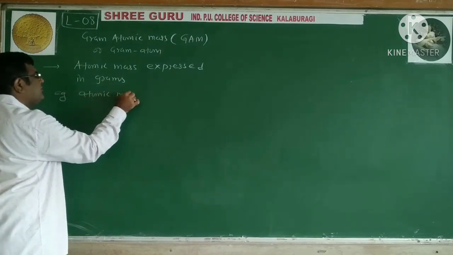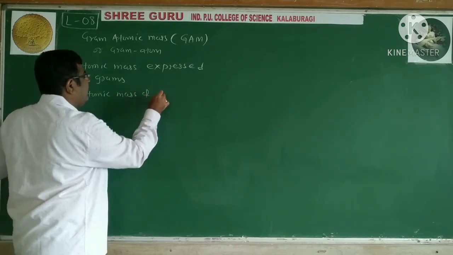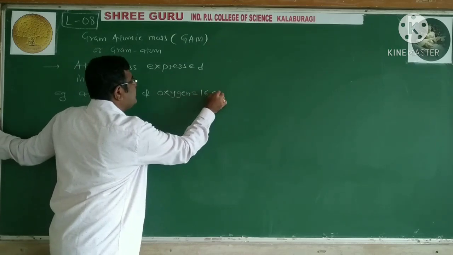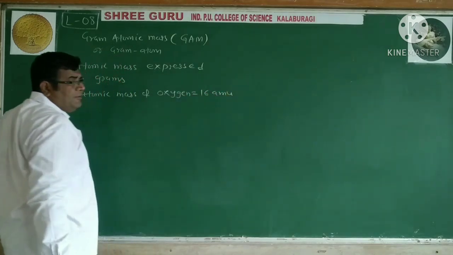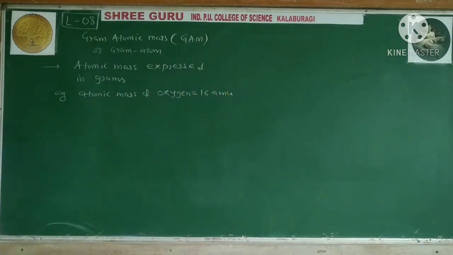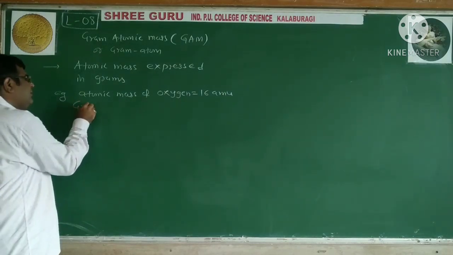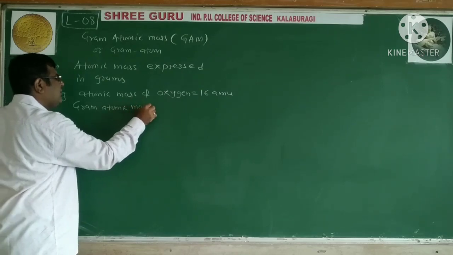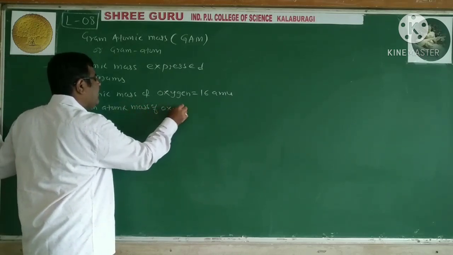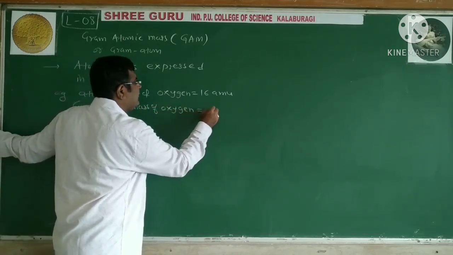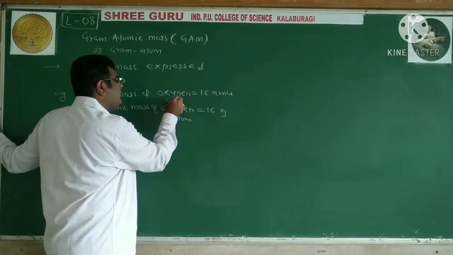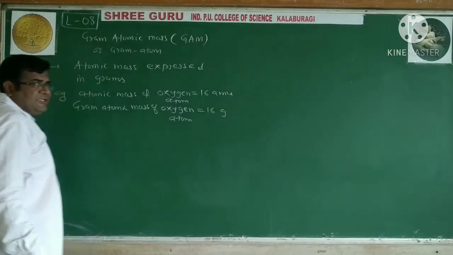For example, the atomic mass of oxygen, as we saw yesterday, is 16 AMU, whereas the gram atomic mass of oxygen atom is nothing but 16 gram.